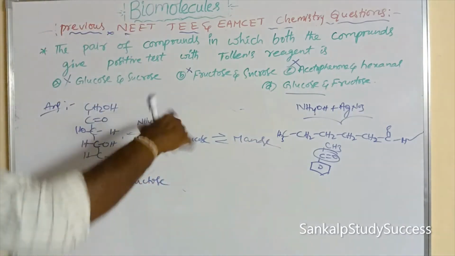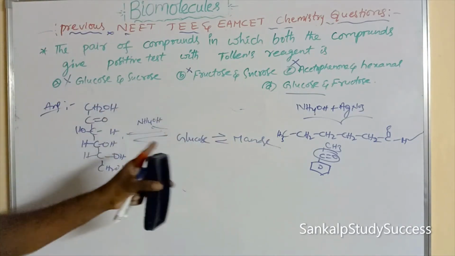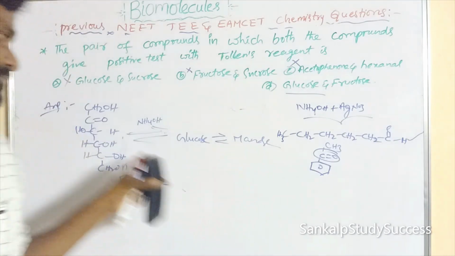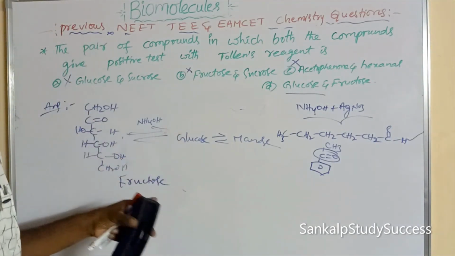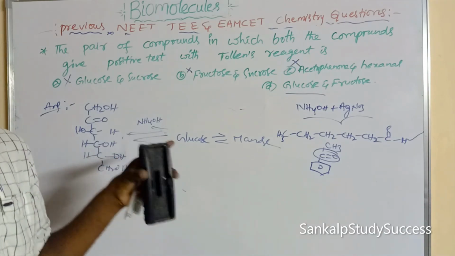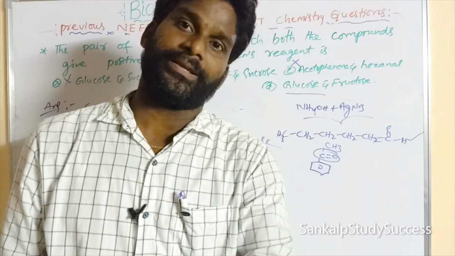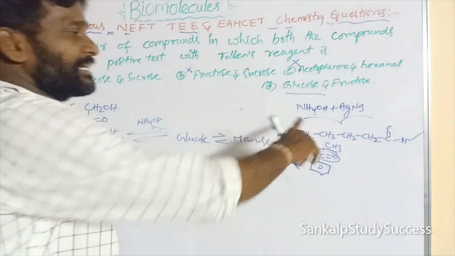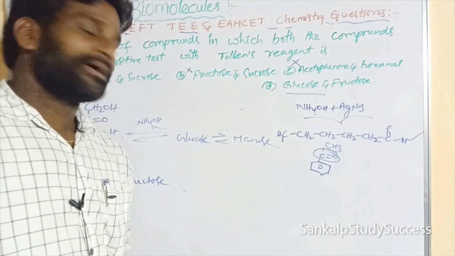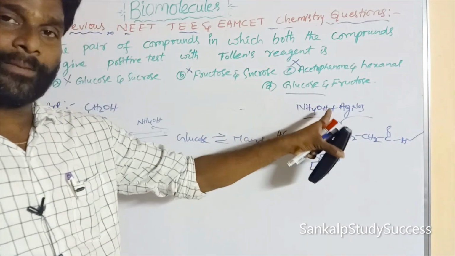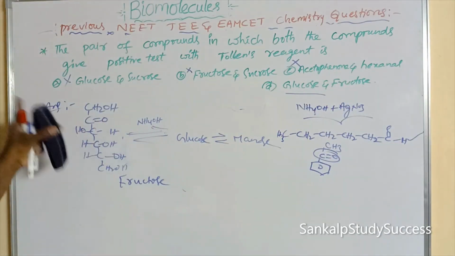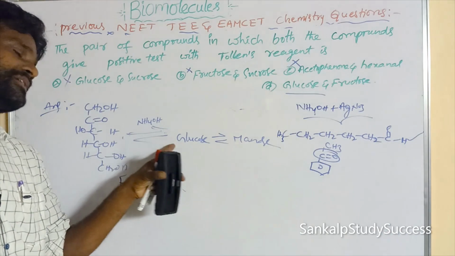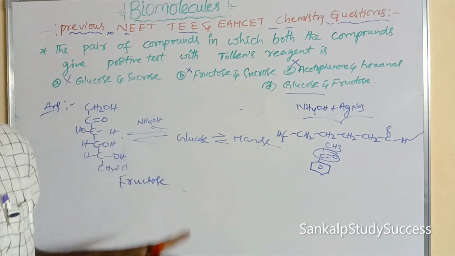If mannose is treated with a base like ammonium hydroxide, it gives fructose and glucose. So these three undergo reversible isomerism in the presence of base. In the basic medium, fructose undergoes reversible isomerization to give glucose.